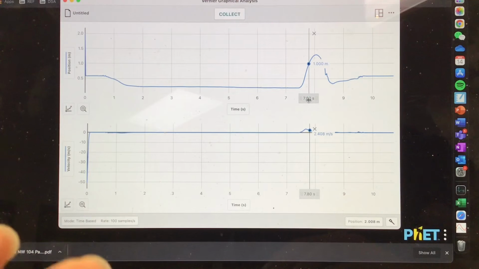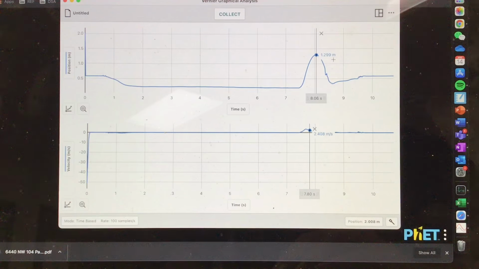Now let's find the top of the path. The easier way to find the top is to find the highest point, which is also the greatest position or displacement. It's right there at 8.06 seconds, where it is 1.299 meters above the motion sensor. Let's take a look at the velocity at 8.06 seconds.